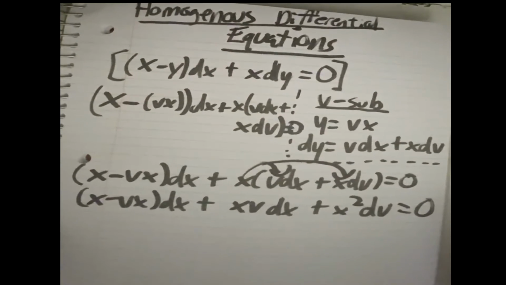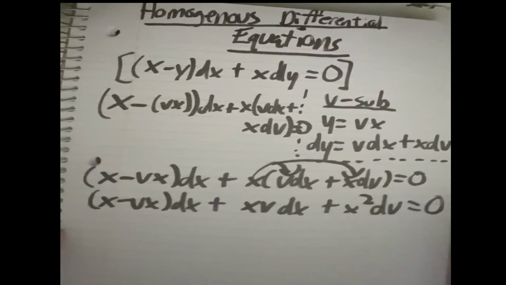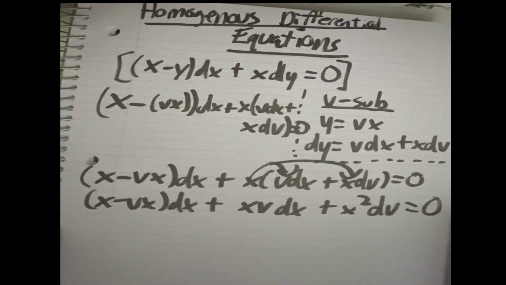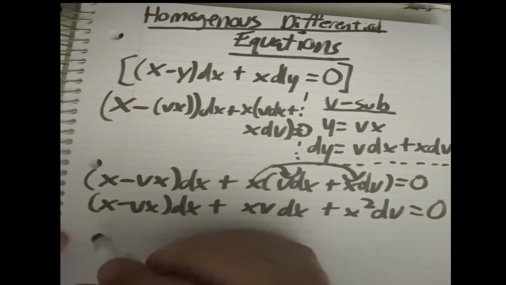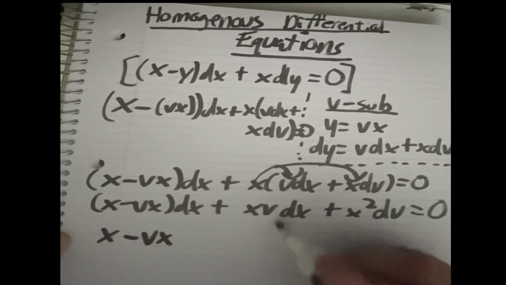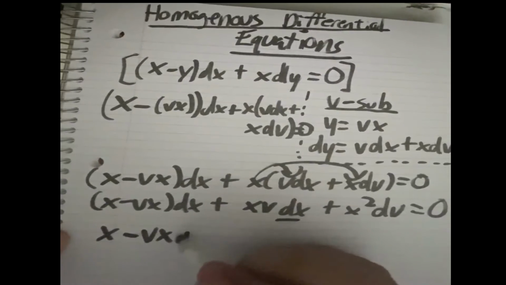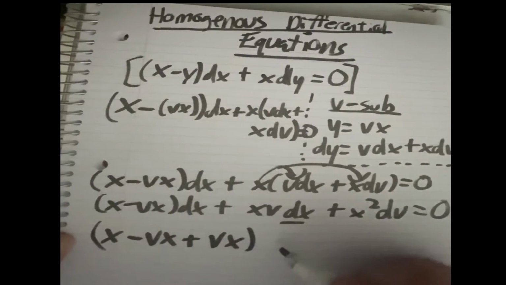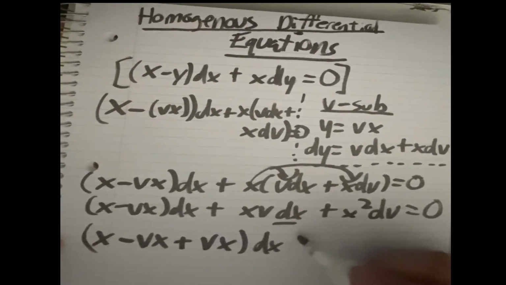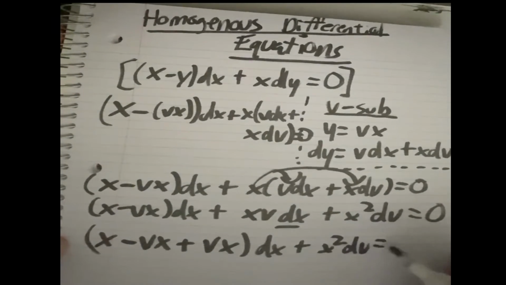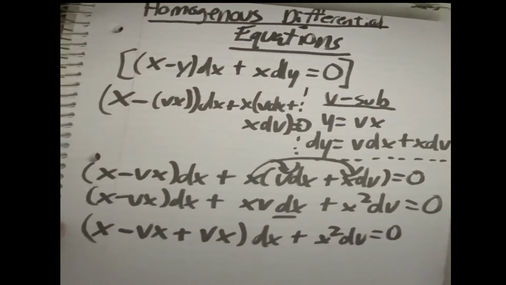So now what we do next is we combine all the dx terms and all the dv terms. So right here we have x minus vx, and then we have a dx term over here, so plus vx multiplied by dx plus x squared dv is equal to 0.